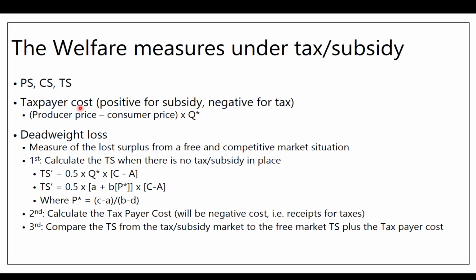Then the final measure is the deadweight loss. Okay, so it is the case that when you collect revenue by taxing in a market, or you add subsidies into a market to boost output, you lose some of that willingness to pay, willingness to sell efficiency. Some of the welfare, the surplus measure, gets eaten up, okay?